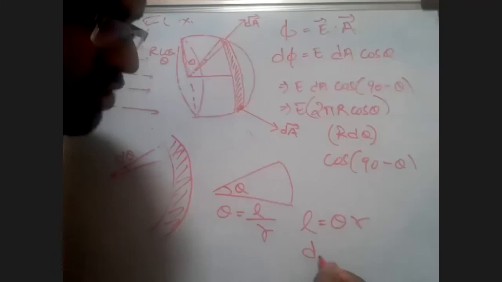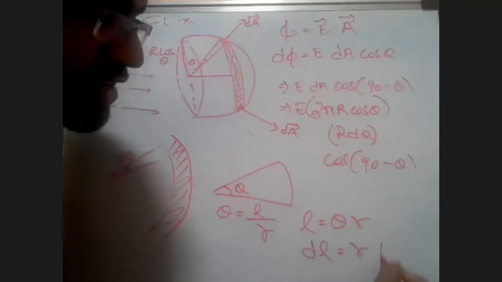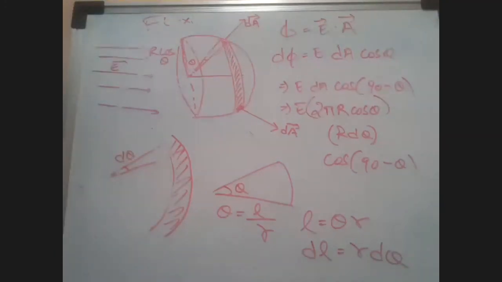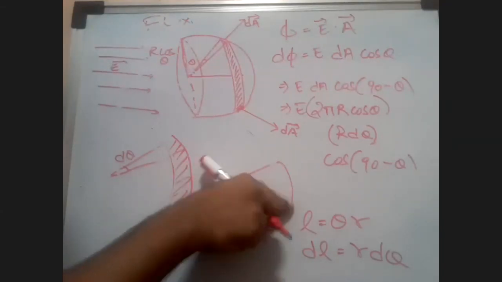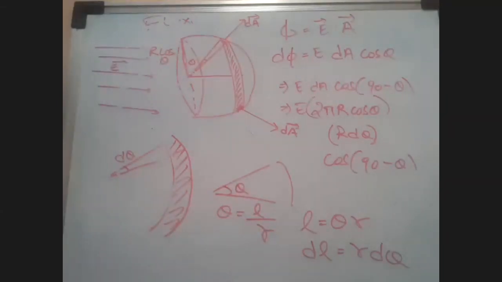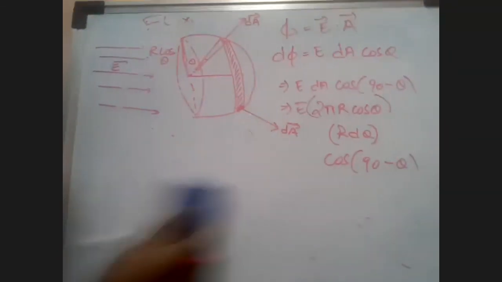So dl will be r d theta. You understood? That is how we came up to this.